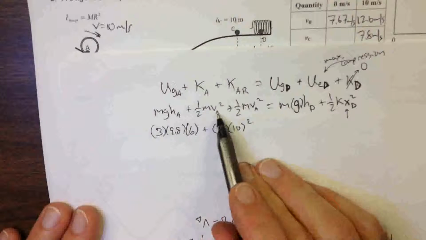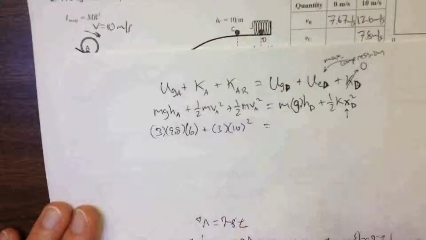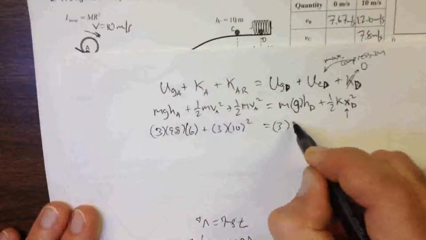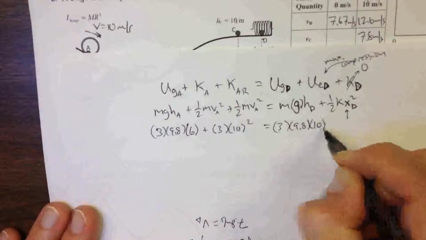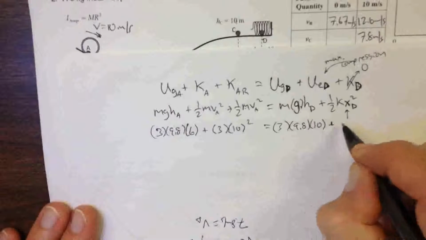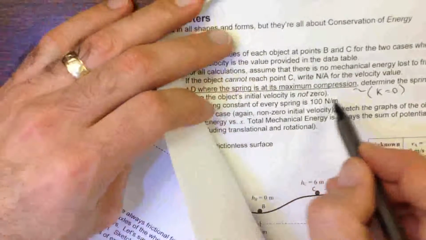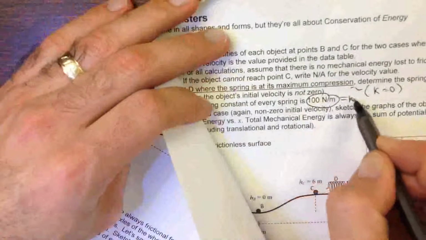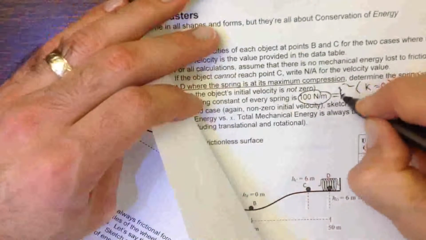So 1/2 mv squared plus 1/2 mv squared is mv squared, equals 3, g is 9.8, height at D is 10. And we've got a 1/2. Now the k value, the spring constant, defined on the front page as being 100 newtons per meter.